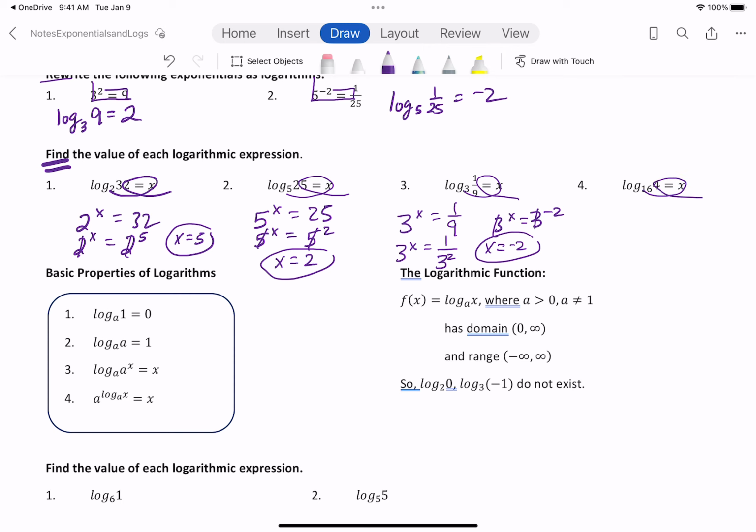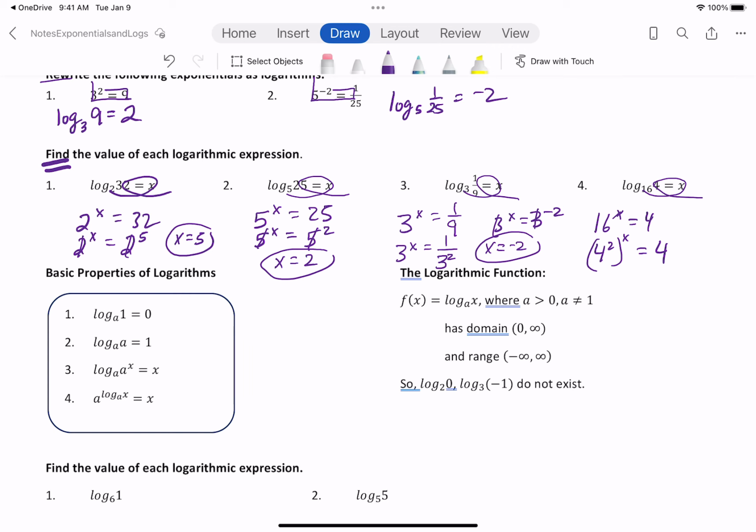And then the last one, I have 16 to the x is equal to 4. So we're going to need to write both sides as a base of 4. So 16 can be written as 4 squared, and the 16 was to the x power.